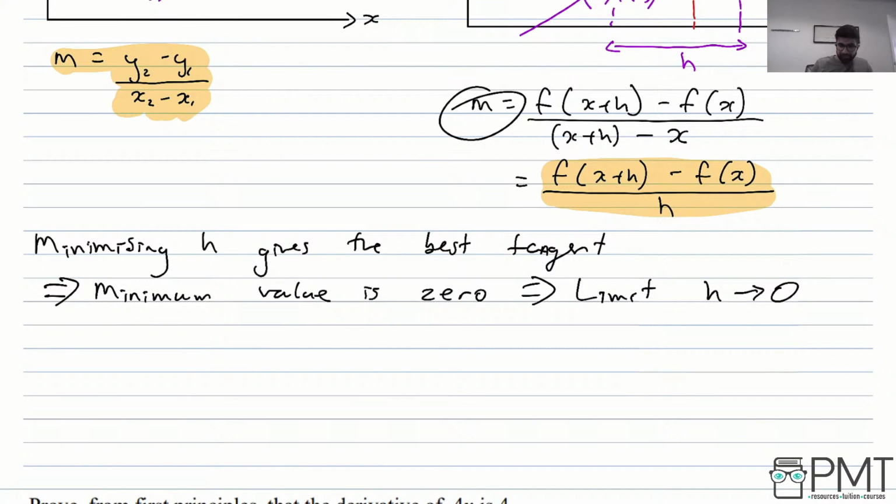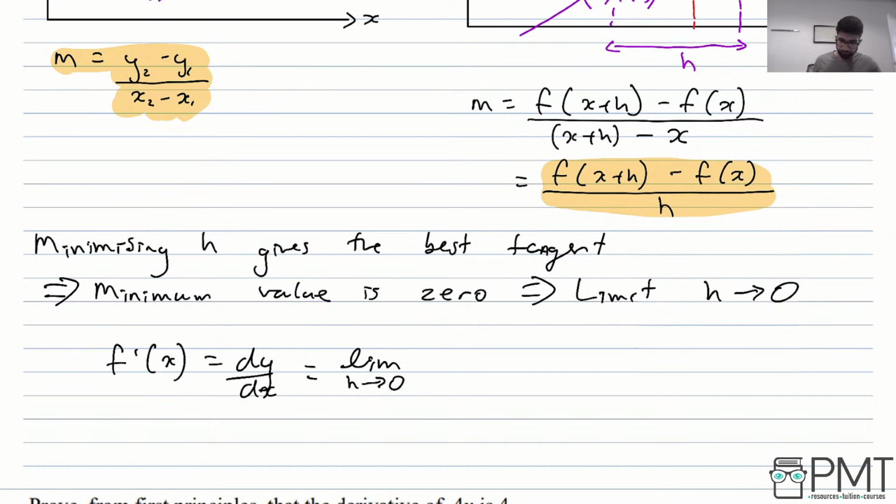Instead of saying a gradient of a straight line m, when we are interested in the gradient of the curve, which can be represented by f dash of x or dy by dx, it is going to be given by the limit as h goes to 0 of f of x plus h minus f of x divided by h. So this is the formula.